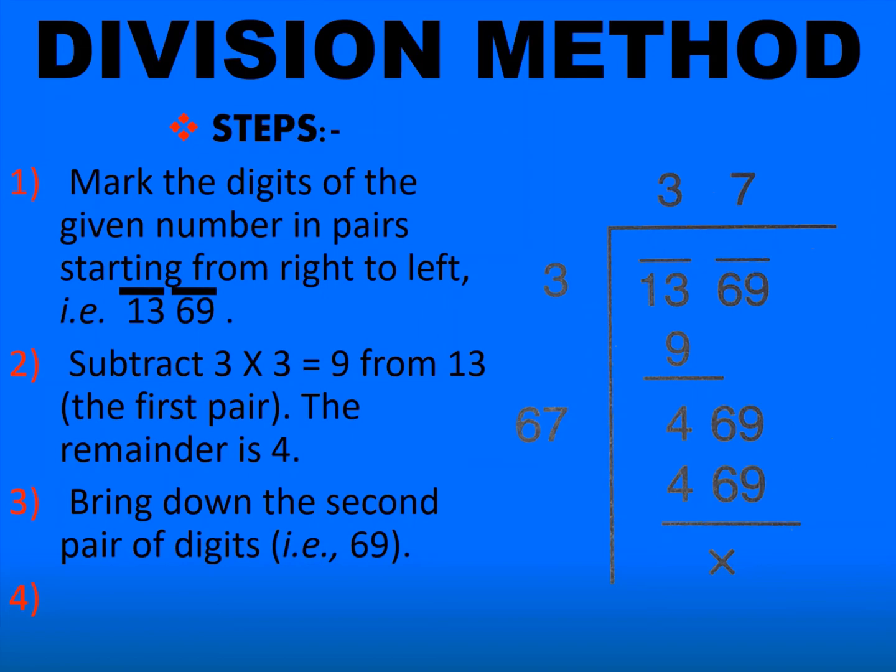Such a digit in this example is 7. Since 67 multiplied by 7 gives 469, write 7 in the quotient also. Hence, square root of 1369 is 37.